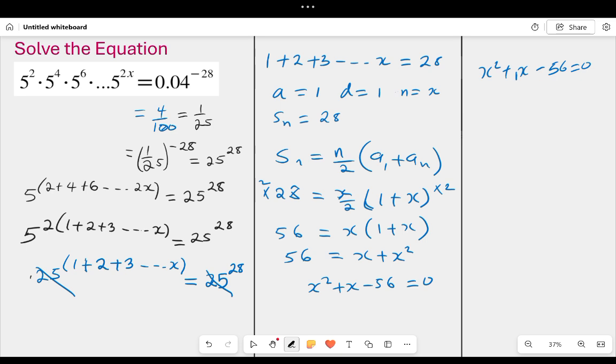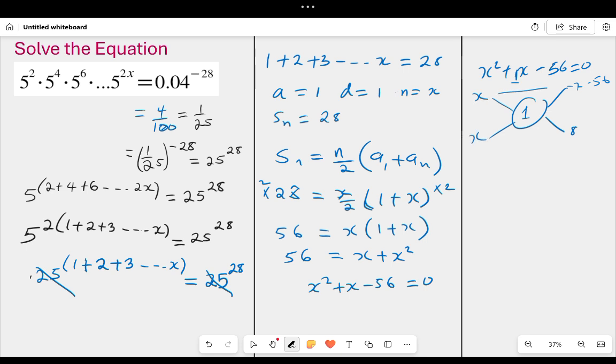The coefficient of x here is 1. So we need to figure out two numbers. When we add, we are going to get positive 1. But when we multiply, we are going to get negative 56. The numbers are negative 7 and positive 8. Because negative 7 plus 8, you get positive 1. But when you multiply, you get negative 56. So x squared can be split into x times x.